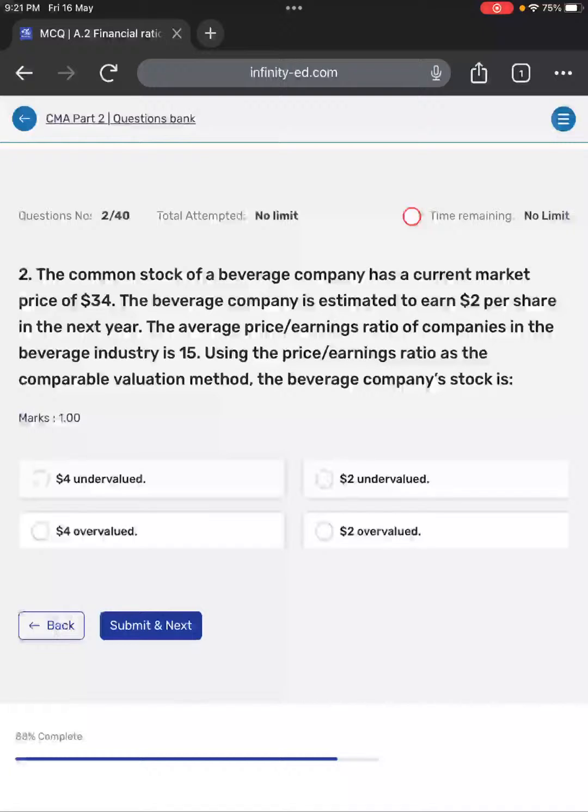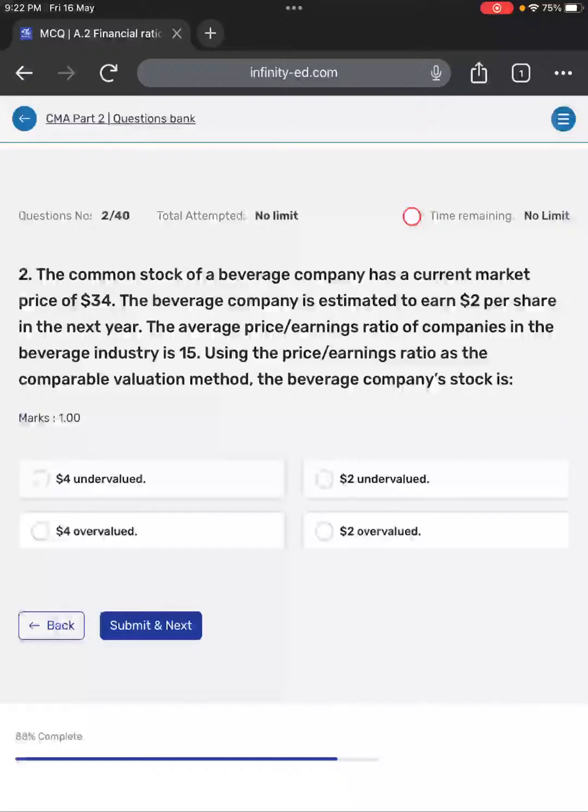Okay, P/E ratio is 15 and EPS is 2, and what will be the market price of the share?